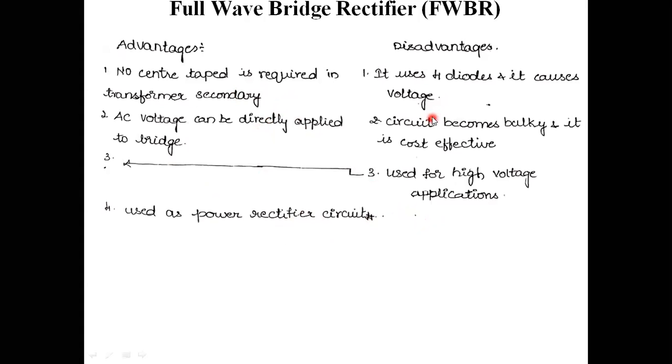Whereas the disadvantages: four diodes are used, and this circuit consists of four diodes, therefore it is a complex circuit, and it is not cost effective. These are the advantages and disadvantages of the bridge rectifier.